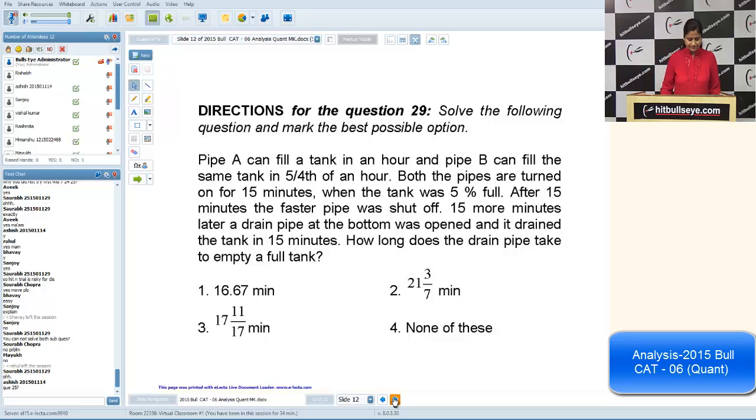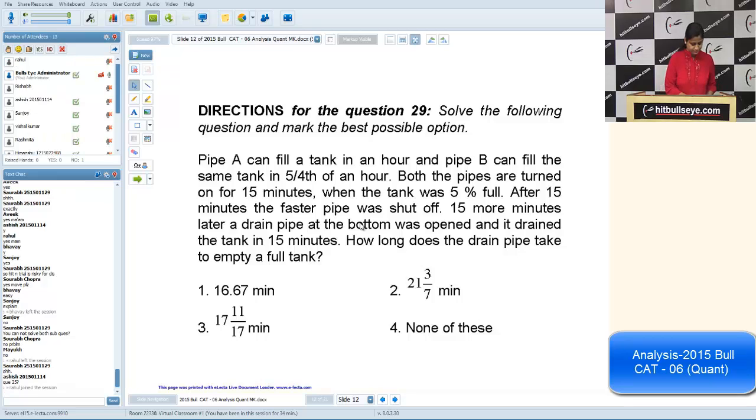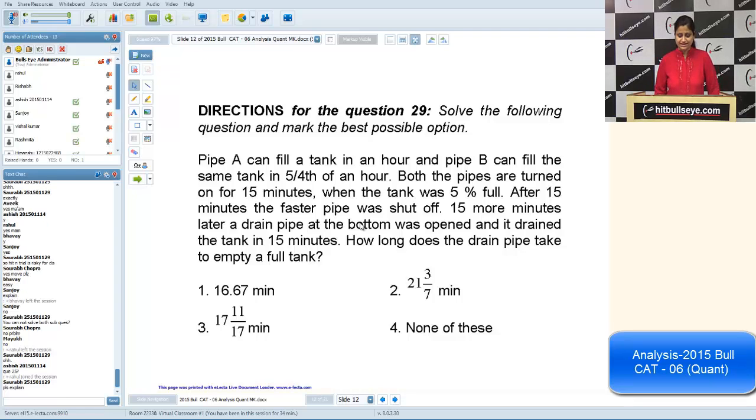Question number 29. Ashish, question number 25 was very easy. That's why I have not included that question in this PPT. After this session, I'll give you 5 minutes to take other doubts.